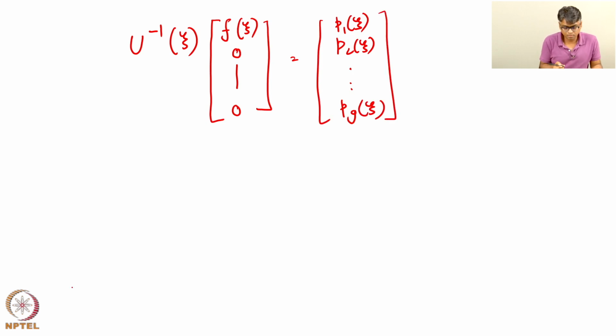But what does this mean? This is f and all zeros, right? So that means when you do this multiplication, it just chooses the first column of U inverse xi and multiplies it by f.